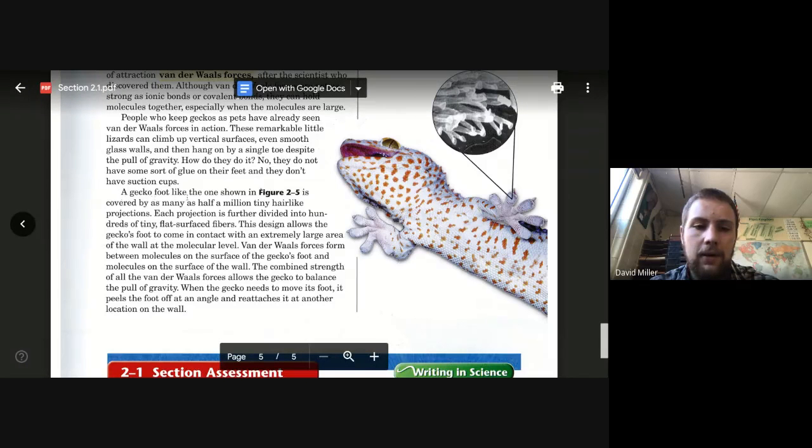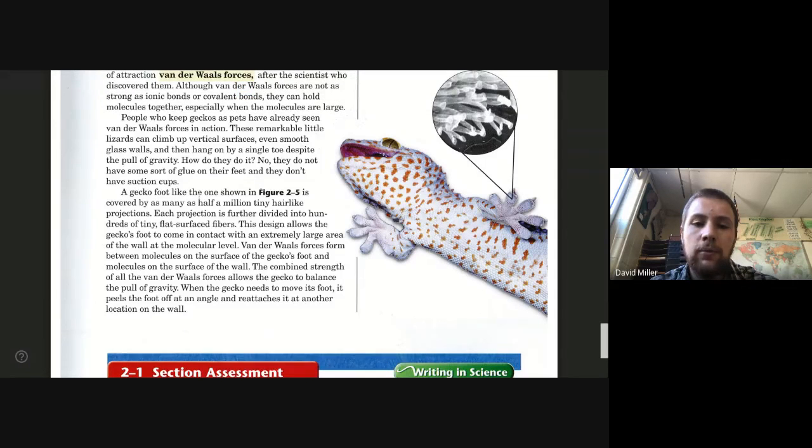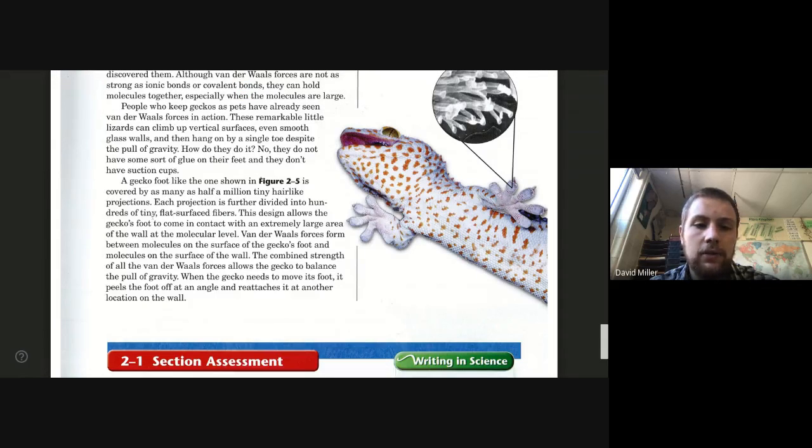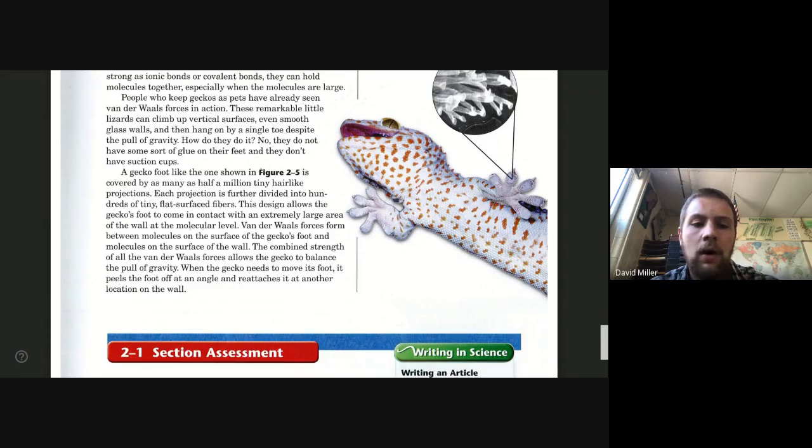A gecko foot, like the one shown in figure 2.5, is covered by as many as 500,000 tiny hair-like projections. Each projection is further divided into hundreds of tiny flat-surfaced fibers. This design allows the gecko's foot to come in contact with an extremely large area of the wall at the molecular level.